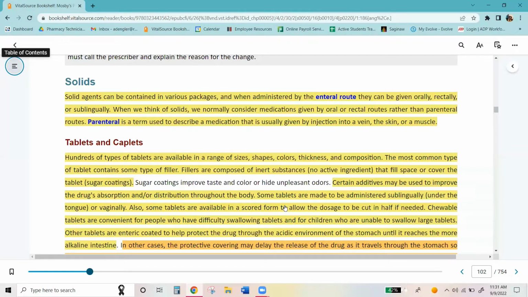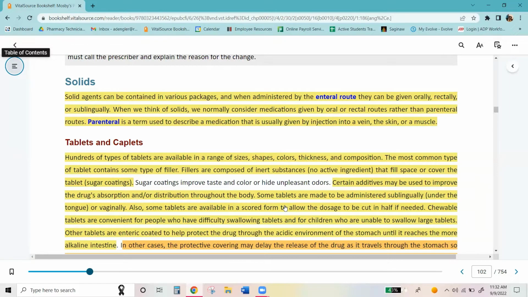Hundreds of types of tablets are available in a range of sizes, shapes, colors, thickness, and composition. The most common type of tablet contains some type of filler. Fillers are composed of inert substances which have no active ingredient that fill space or cover the tablet, like a sugar coating.